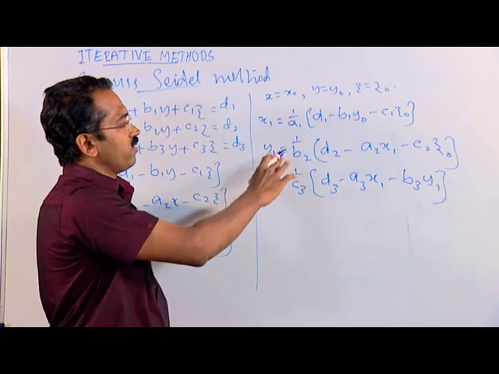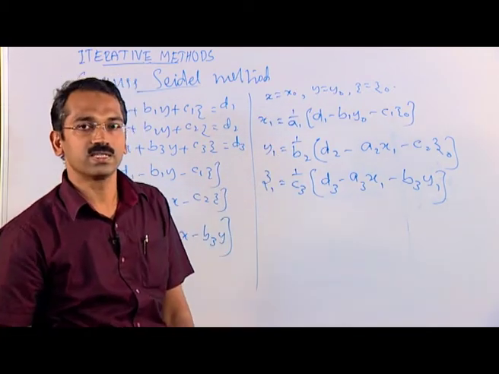These are the approximate values in the first iteration.